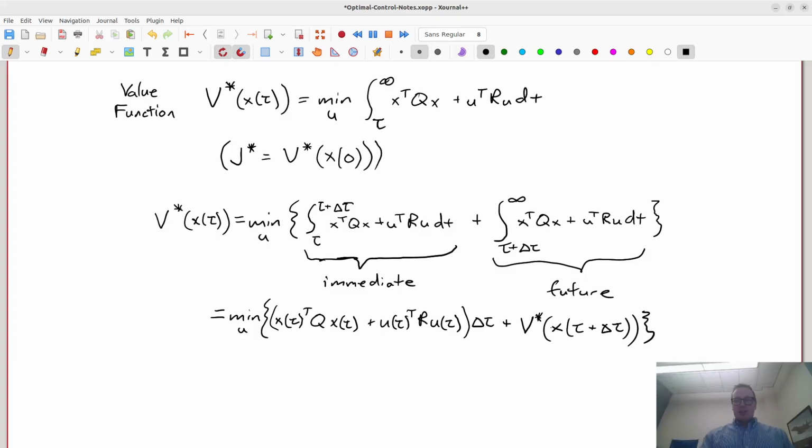Now, the next thing that we're going to do is approximate this v star at x tau plus delta tau with a kind of linear approximation. So we're going to say that this term right here is equal to v star at x tau plus a term that represents how v star will change as we travel from tau to tau plus delta tau.